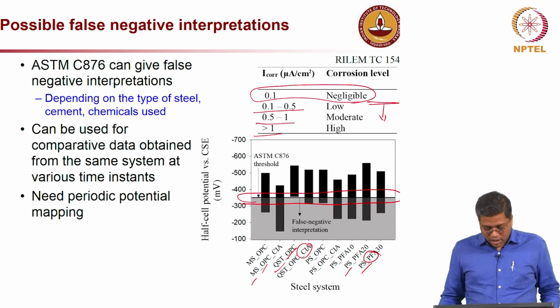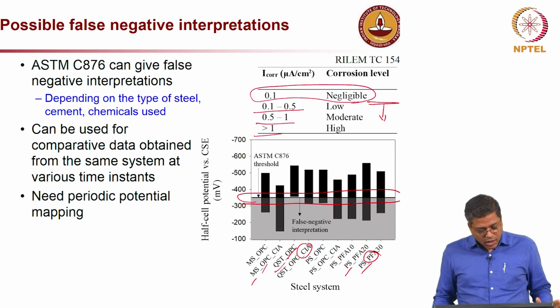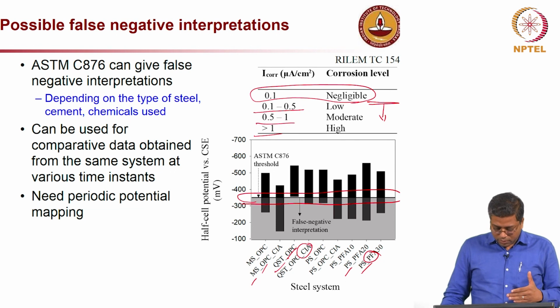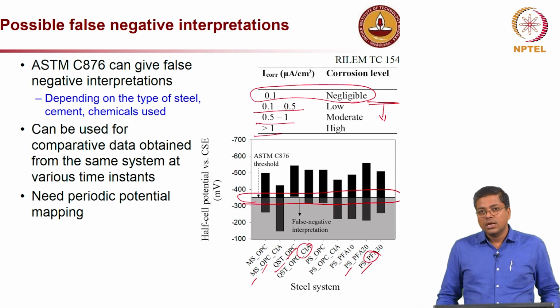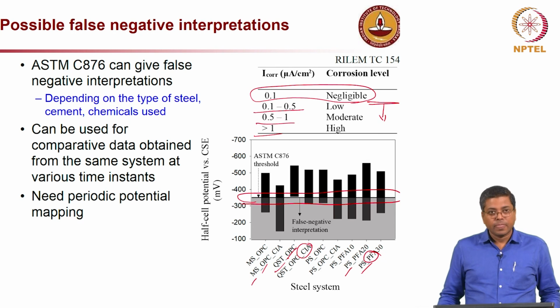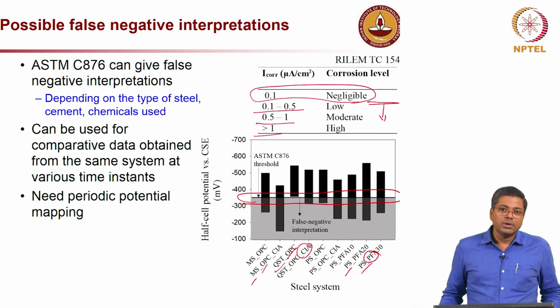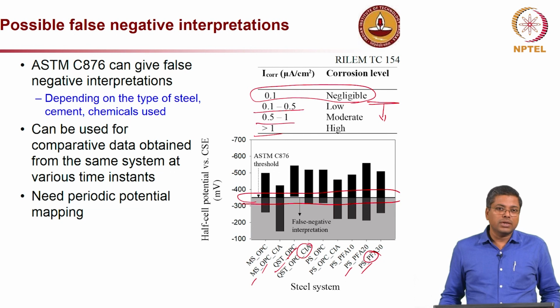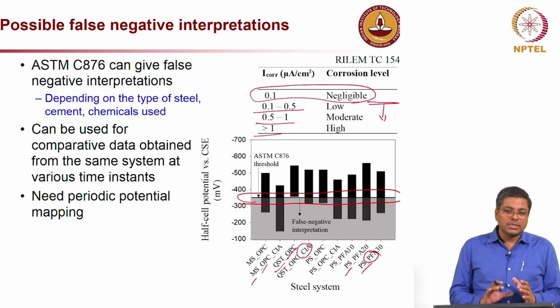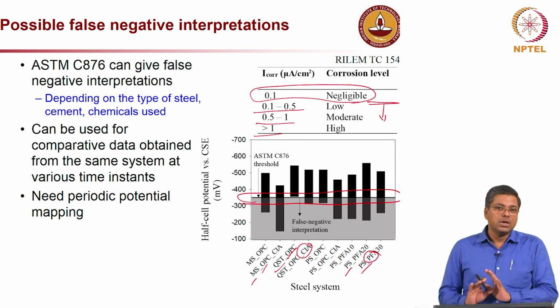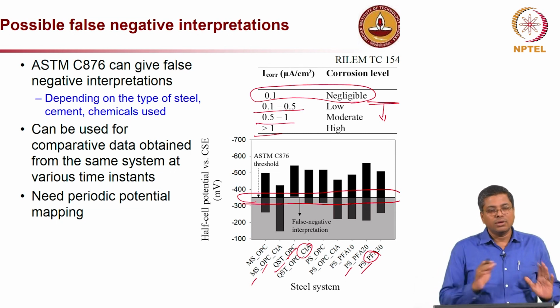That is still not available; we are working on it. But at this moment, if you are given a structure, how do we use this technique of potential mapping? We have to build a contour map, and instead of blindly looking at minus 350 millivolt as a criterion, develop a contour map and say that the more negative regions have more probability of corrosion than the more positive regions.